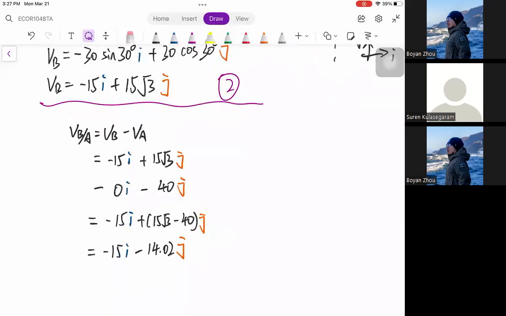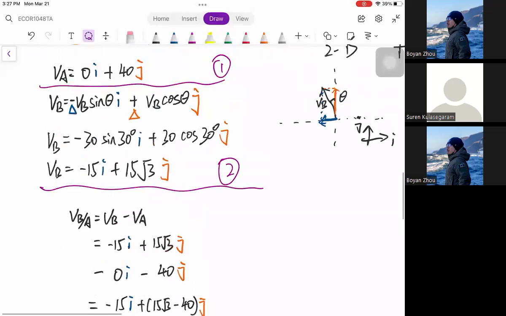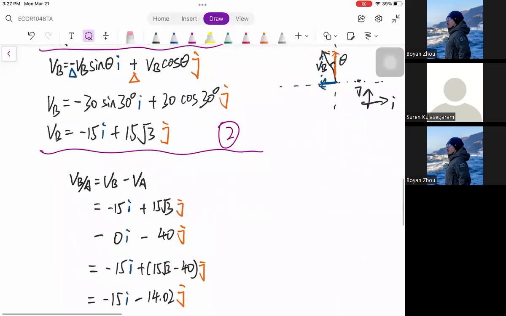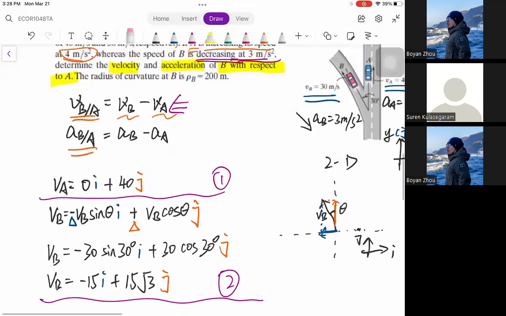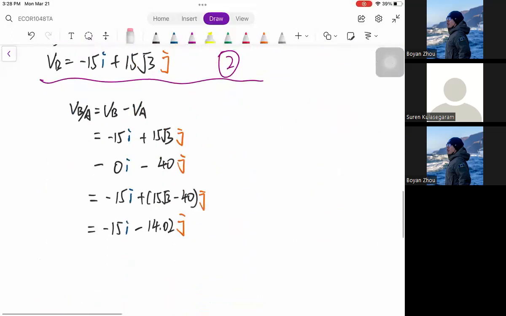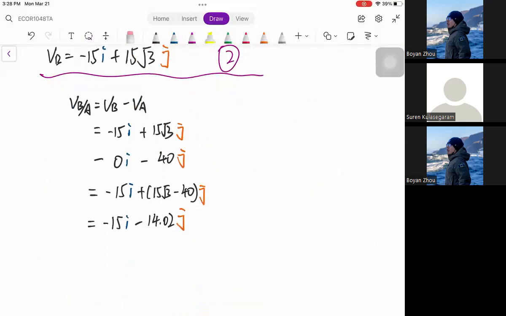Okay, so that is the relative velocity of B with respect to A in vector form. Sometimes, for myself, I think it's okay to have the final answer like this. But sometimes in the exam, the professor or the question will ask you to change the format from the vector form to the normal form.